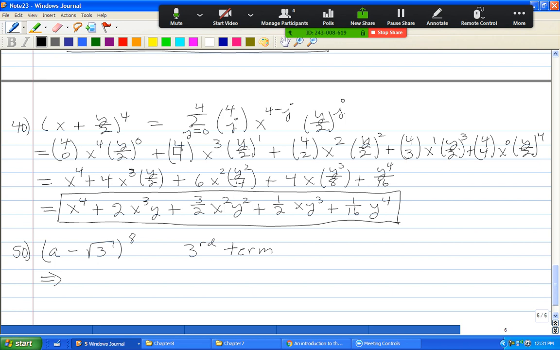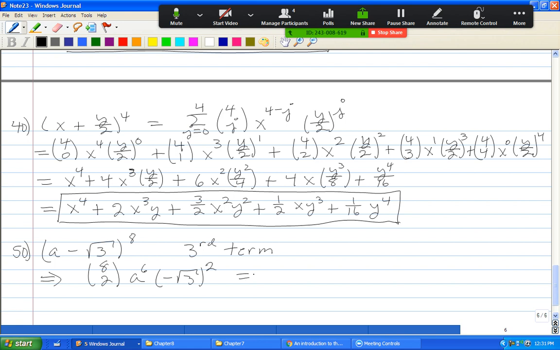So the third term, 1, 2, 3, actually has a j value equaling 2. So this is really going to be 8c2 a to the, well, remember I said I'll just subtract 8 minus 2 is 6. Then minus rad 3 to the, well, whatever is here, which is a 2.